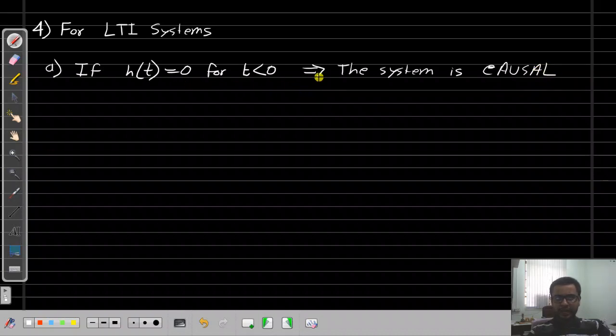Actually, you can remember this in the following way. Suppose you are giving an input which is a delta function at t equal to 0 to the initially relaxed LTI system.